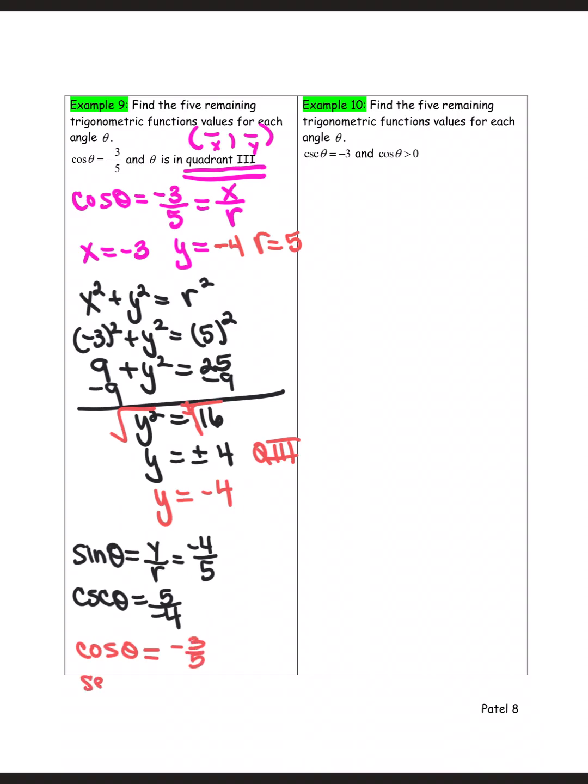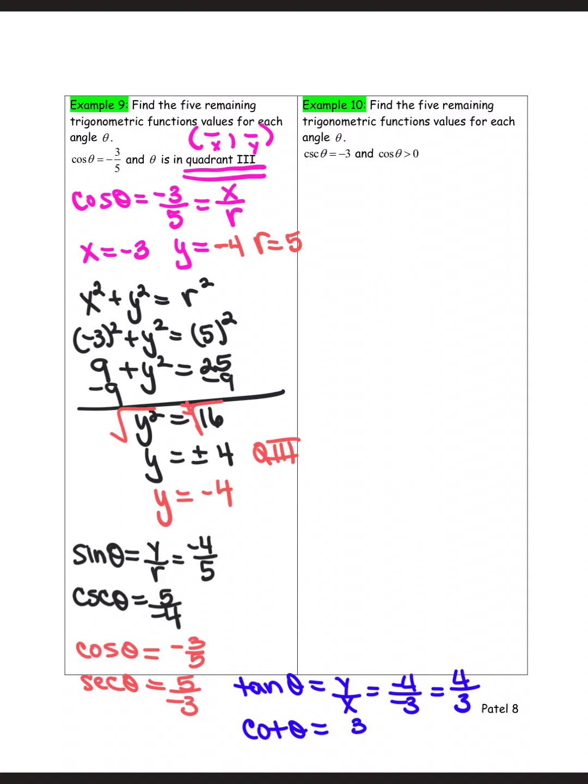So secant of theta is 5 over negative 3. And then we have tan of theta is y over x. So that's going to be negative 4 over negative 3, which is positive 4/3, and that's because we're in quadrant 3. And cotangent of theta is the reciprocal of 4/3, which is positive 3 over 4.